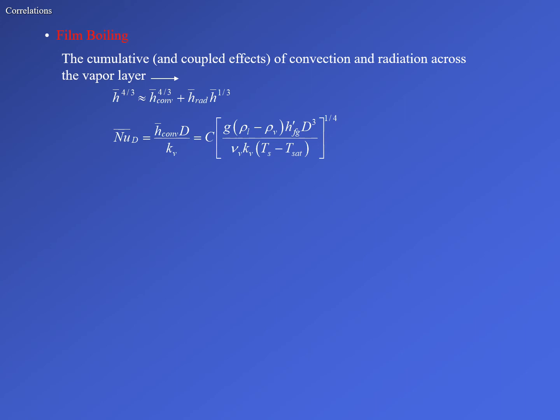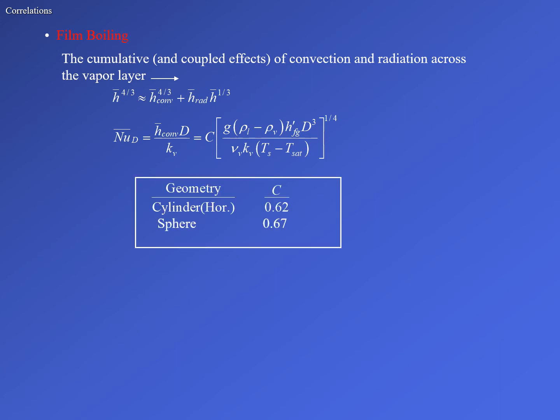Again, I won't go into lots of details, because that is not the idea. The idea was to explain the mechanism to you, and these correlations can then be searched and you can use whichever works best for that situation. We have lots of correlations here as well, and in the exam, if required, I will give you the correlations and you'll have to choose the best one for that situation.